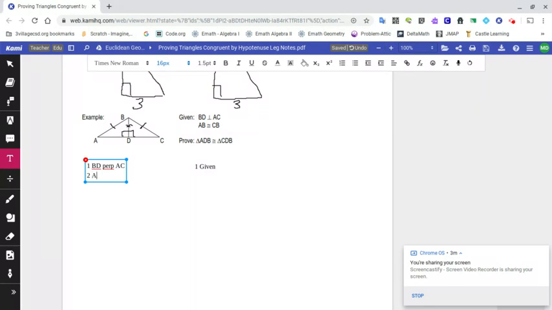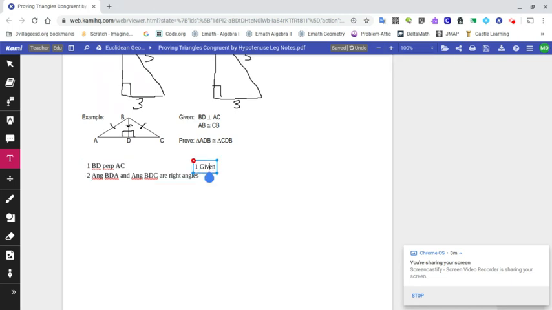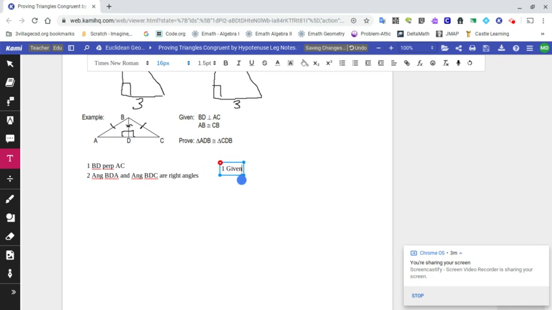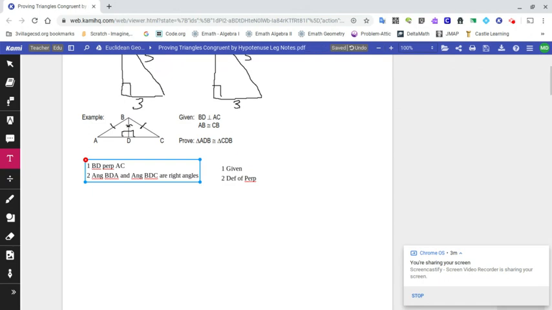So I'm going to say angle BDA and angle BDC are right angles. That is by definition of perpendicular.